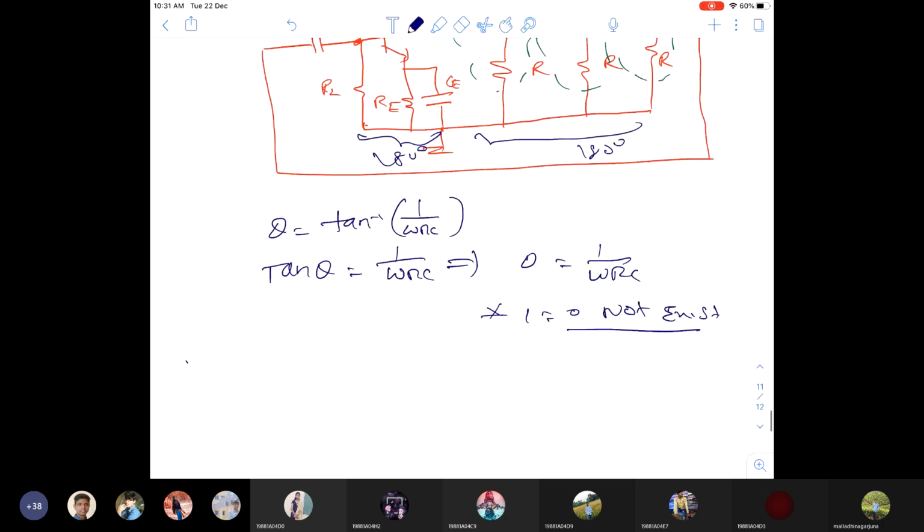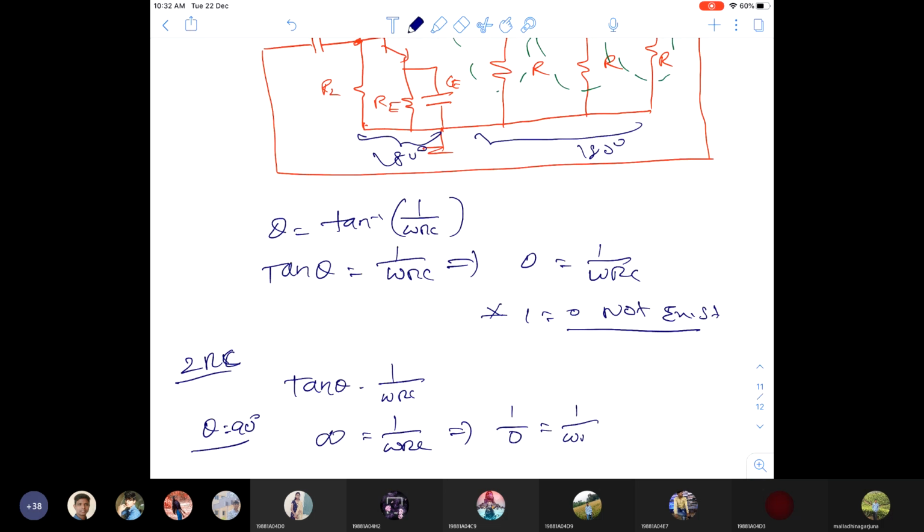So let us assume two RC networks. If you take two RC networks, tan theta is equal to 1 by omega RC, so theta becomes 90 degrees, because the two RC networks each generate 90, so 90 plus 90 becomes 180. So tan 90 is infinity. So infinity is equal to 1 by omega RC, that is 1 by 0 equal to 1 by omega RC.